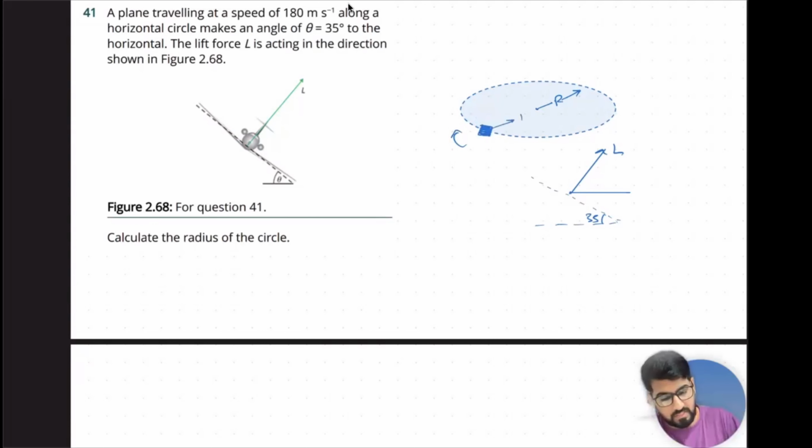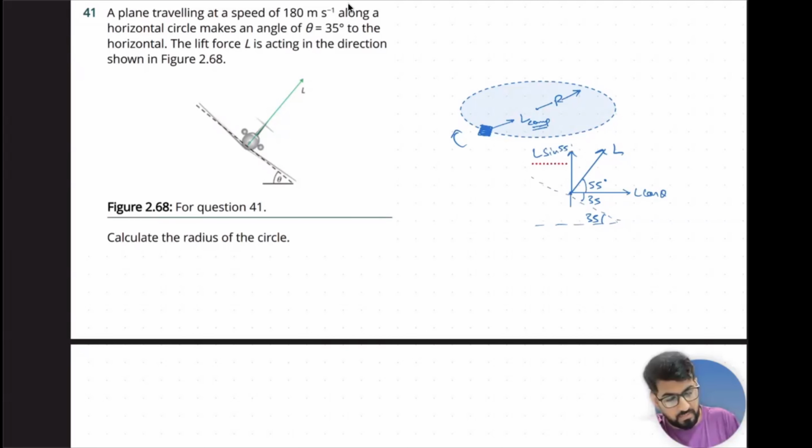So L is acting in this direction, and there is a component of L which is the centripetal force. If this is L, this is 35, so this angle will also be 35, and this whole is 90 degrees, so this will be 55. So this will be L cosine theta, and this will be L sine 55.